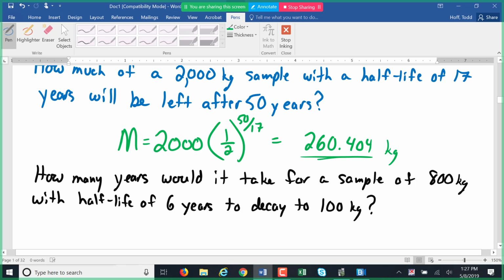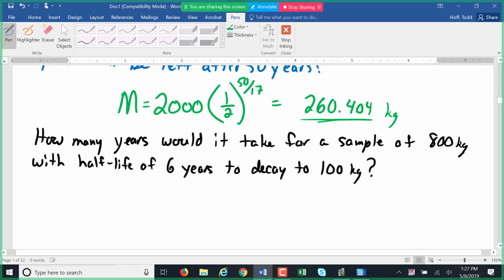In this problem, we not only know the starting amount, that's the 800, we also know the final amount, the 100. So 100 equals 800 times 1/2 to the power of, it's now the time that we don't know. So it's t over 6.